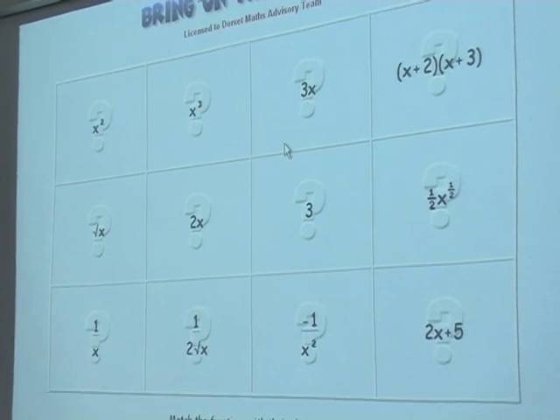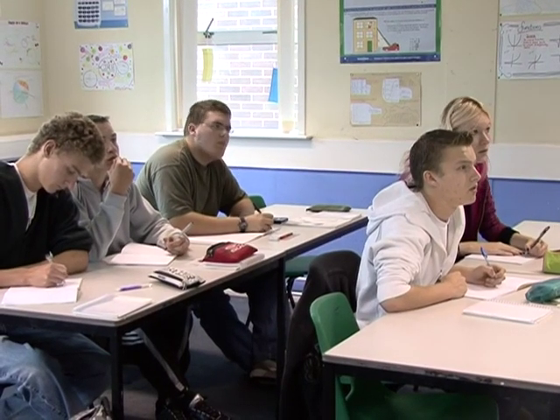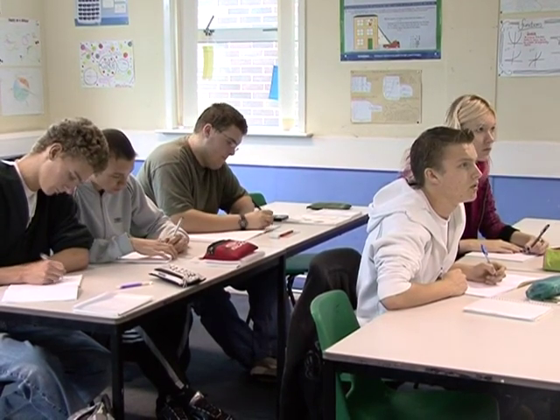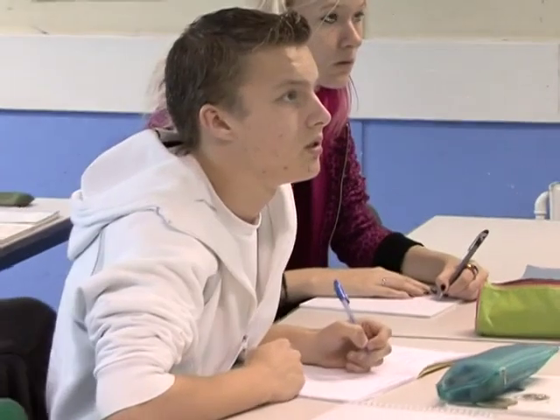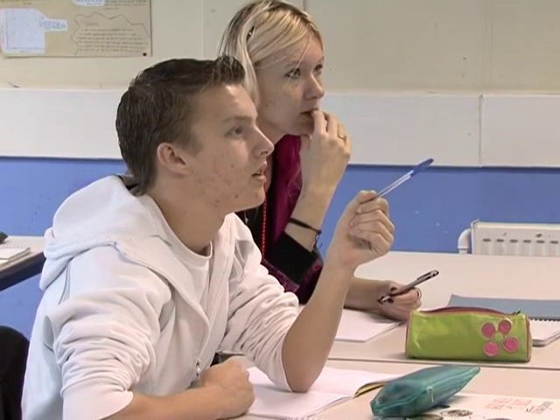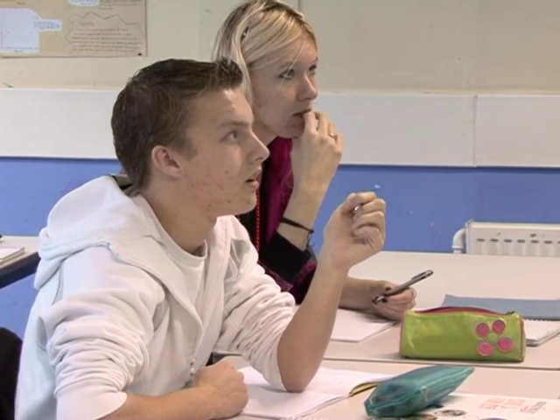Match the functions with their derivatives. Is that not up there? You're saying that some of them won't have a matching derivative?